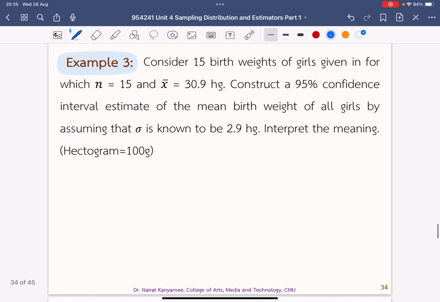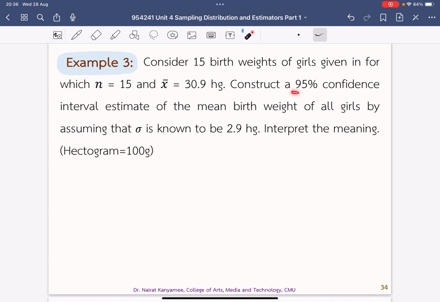Example 3, consider we have 15 birth weights of girls, for which n is 15 and x bar, the sample mean, is 30.9 Hg. Hg is hectogram, where 1 hectogram is 100 gram.